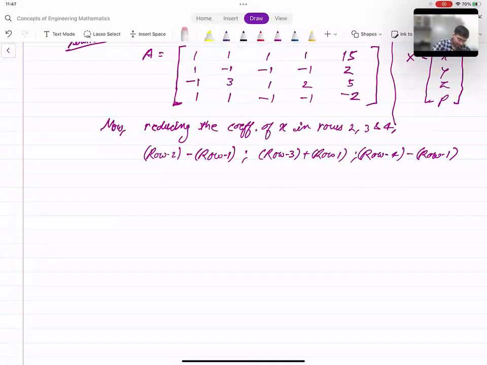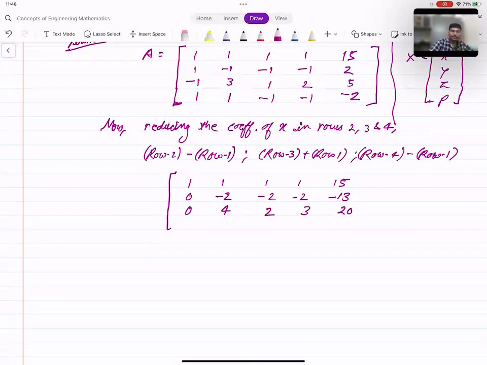Let us correctly put it here. So how it appears is this remains unchanged: 1, 1, 1, 1, 15. And this gets reduced. So row 2 minus row 1: this is 0, this is minus 2, again minus 2, again minus 2, and this becomes minus 13. Similarly, here we have added, so this becomes 0, this becomes 4, this is 2, this is 3, and then we have 20.